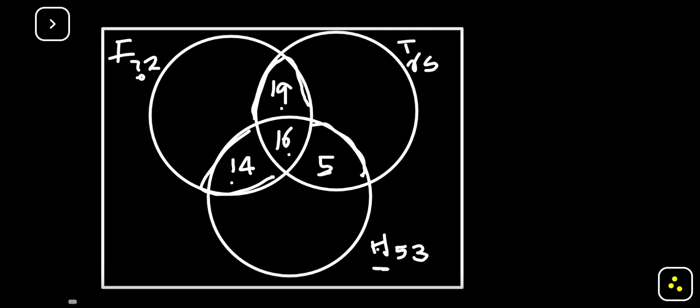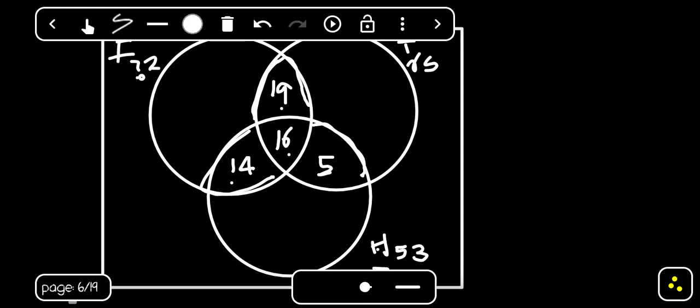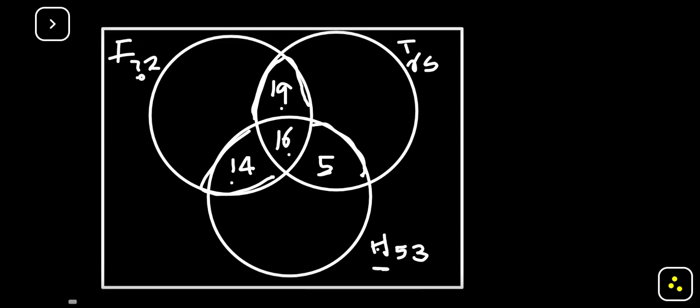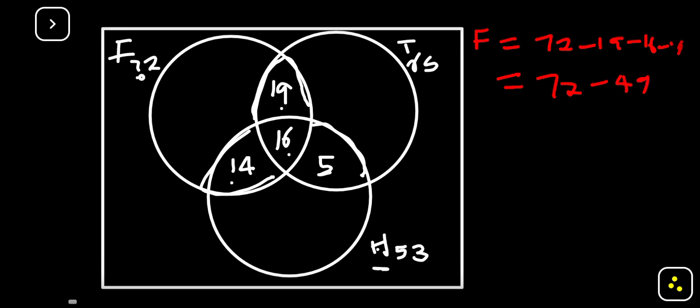So that'll be 72 for First Bank. 72 minus 19 minus 16 minus 14. So that'll be 72 minus 49, which is equal to 23.